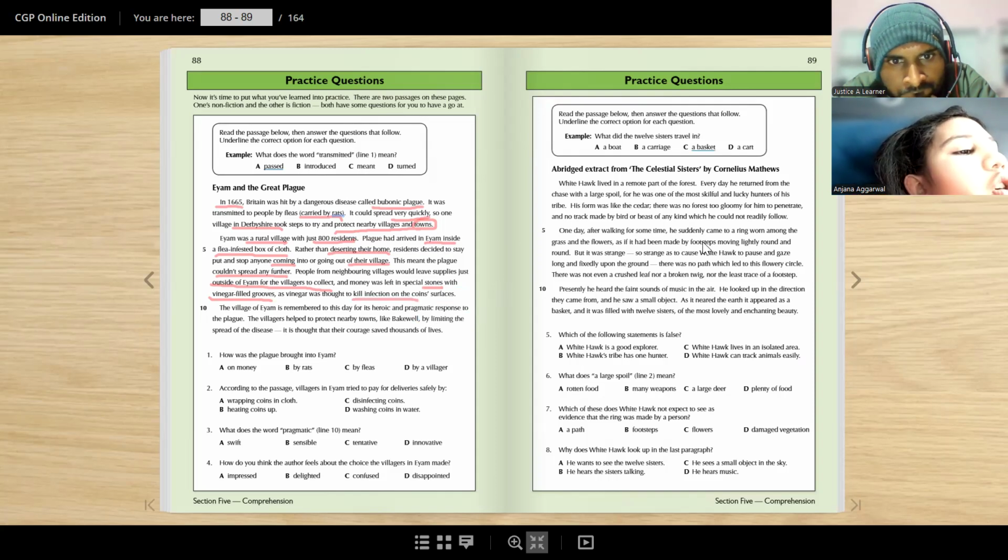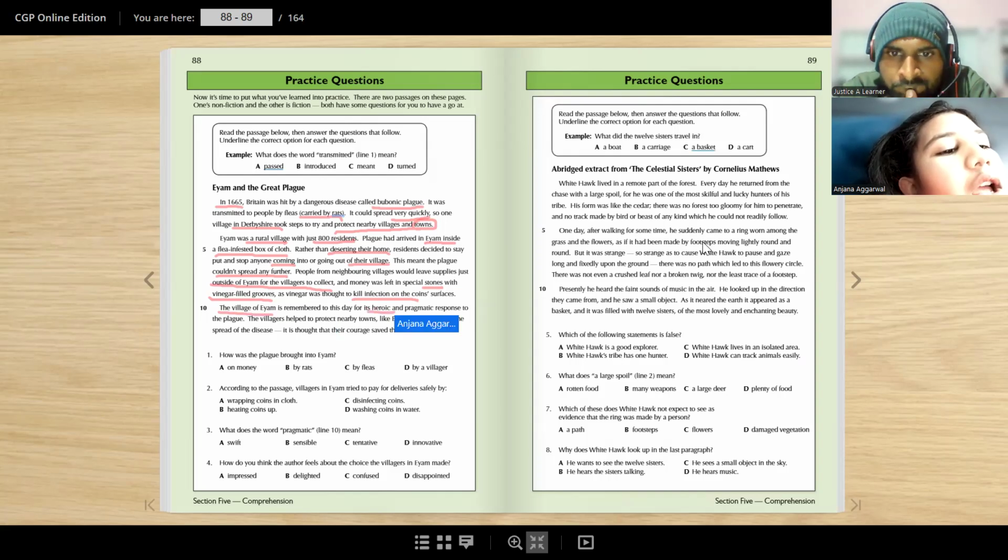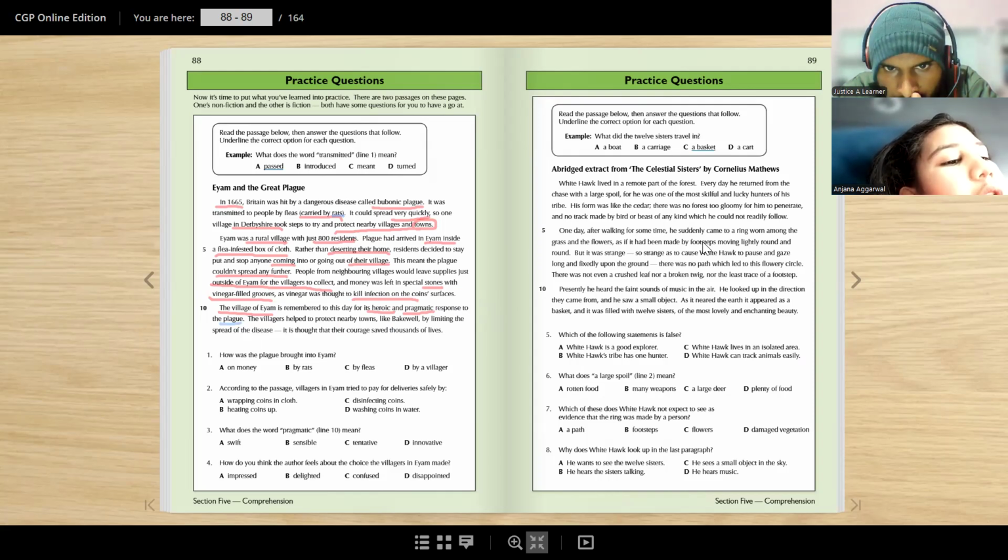The village of Eyam is remembered to this day for its heroic and pragmatic response to the plague. The villagers helped to protect nearby towns like Bakewell by limiting the spread of the disease.